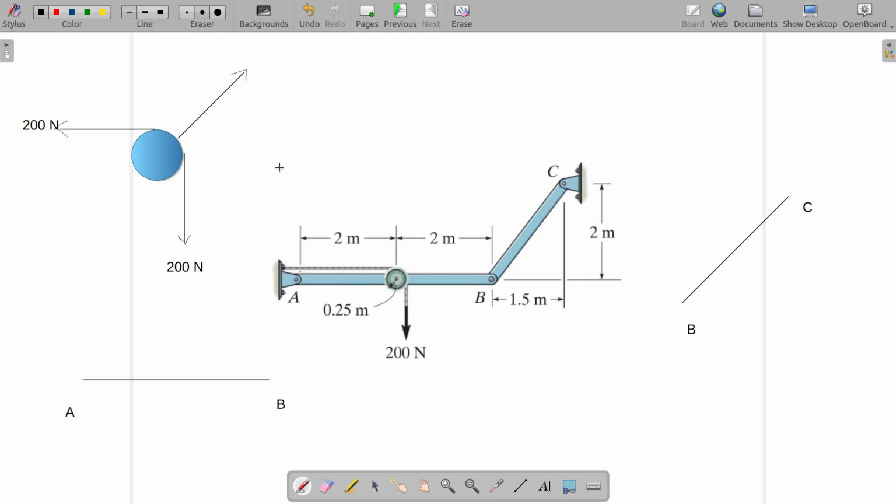Net force in x direction should be 0, net force in y direction should be 0. You can choose any arbitrary direction for the third force, and you can calculate the direction and magnitude from the fact that the pulley is in equilibrium.